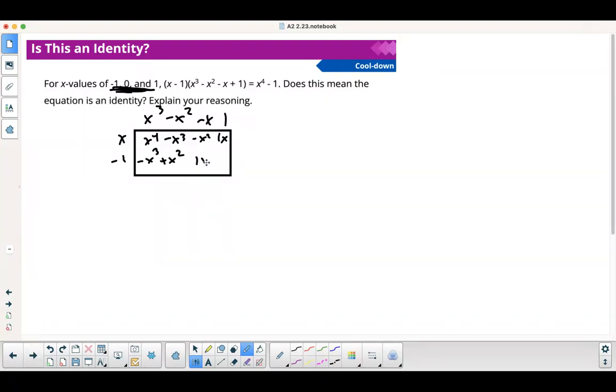This will be a positive 1x. This will be a negative 1. So when I multiply this out, I get x to the 4th minus 2x cubed, these cancel out, plus 2x minus 1. So it's not going to work because it's not equal to x to the 4th minus 1. I have these extra terms in here. So that's not going to work.